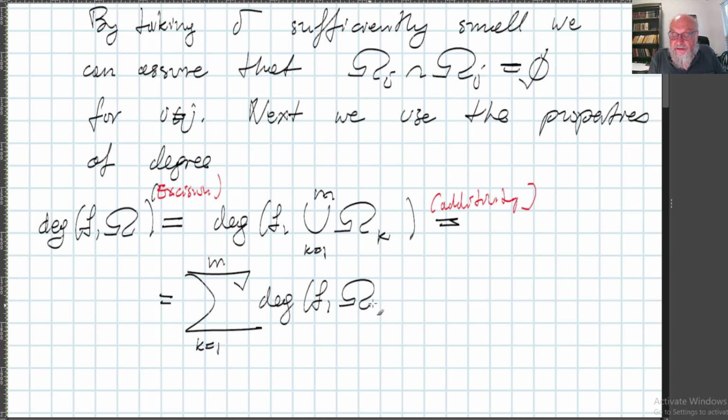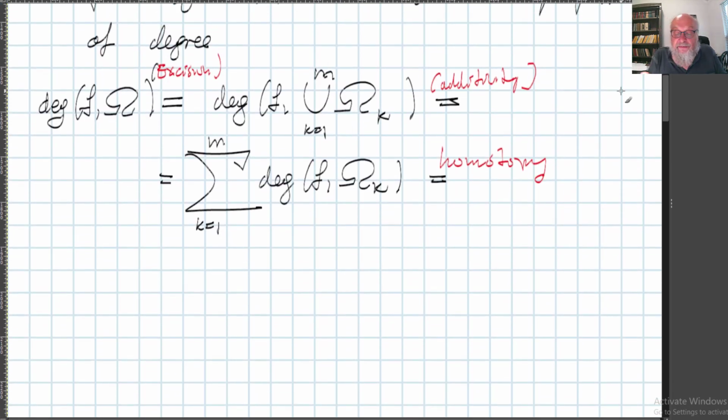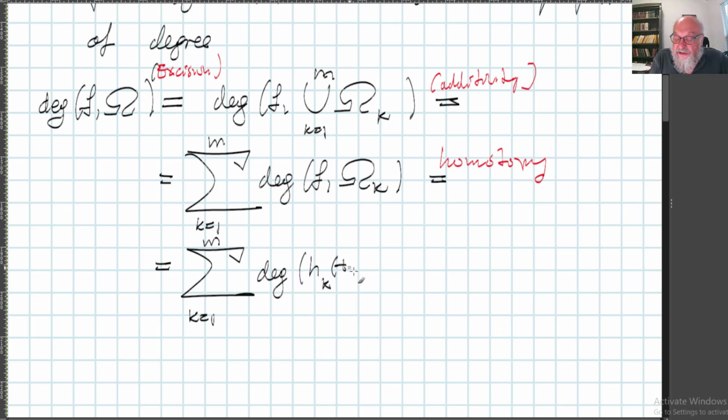Then this one is by the homotopy, because we have here homotopy, so we can replace f by each of those homotopies. So let me write it down. So this will be the same as, put it like this, homotopy k is equal to 1 to m, this is degree, and I put here hk, I can put here t, put here small dot, that means for fixed t, for all of them is the same.